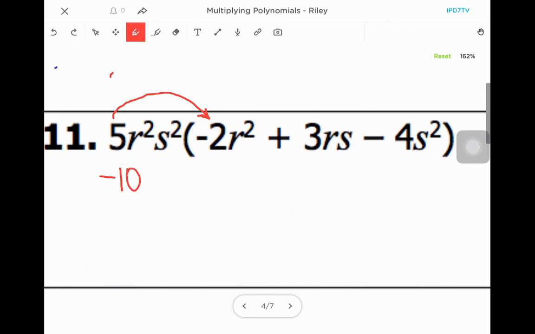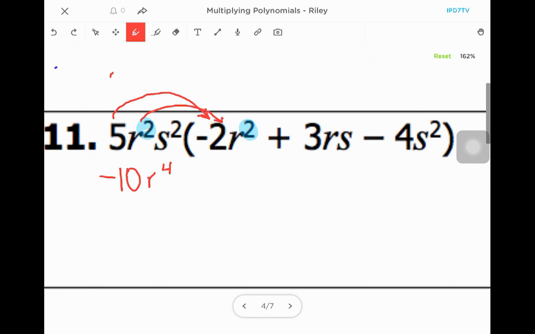All right. So we have our r's that we got to put together. So we have r to the second power, r to the second power. So we're going to add them. So r and 2 plus 2 is 4. Okay, so we added those.